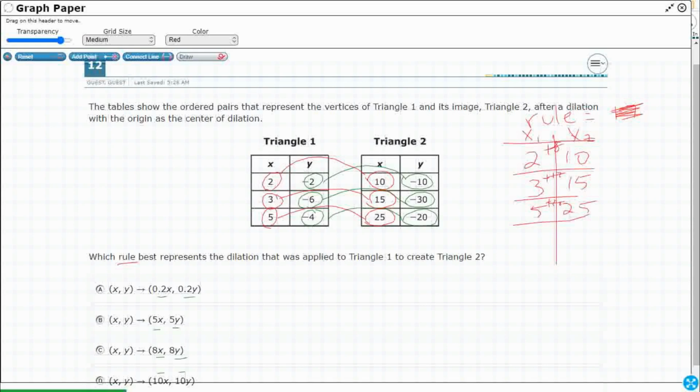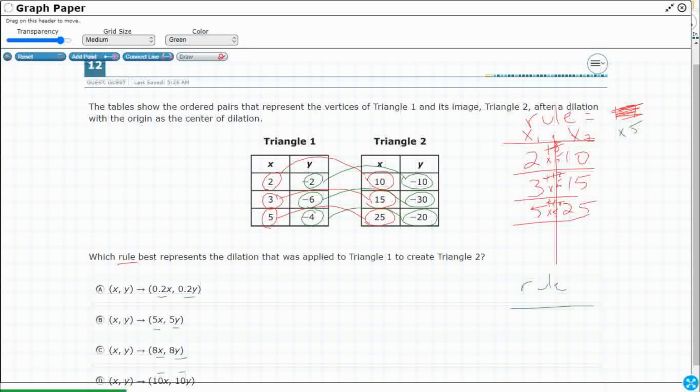We could multiply by 5, and that works. Look at that, 2 times 5, 3 times 5, 5 times 5. Now, since they're all the same, let's see if that works for the y's. So this is going to be a times 5. Let's see if that works over here.